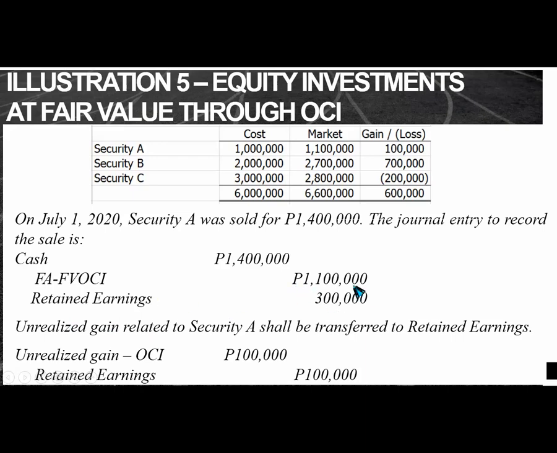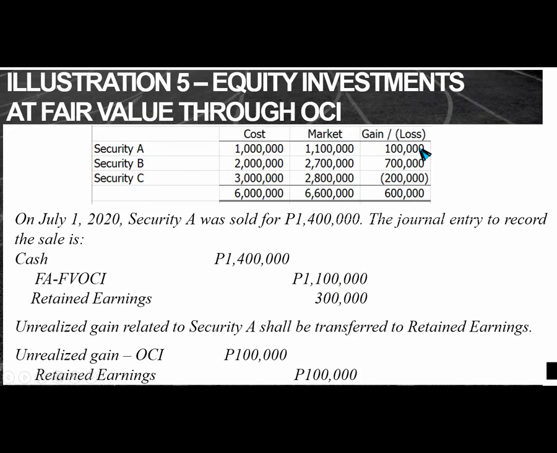So since the FVOCI related to security A is closed, although not everything was sold, only this one, the related unrealized gain of security A, which is 100,000, should also be closed.